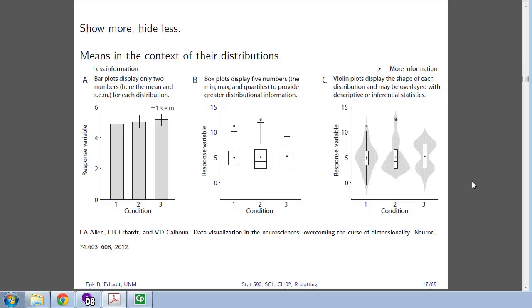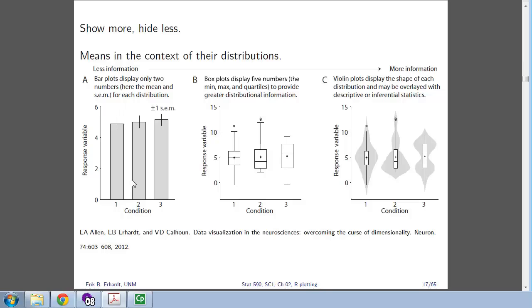Elena Allen and I have one of our papers on data visualization shows this plot, which is to seek comparisons, but also to encourage you to show more and hide less. So the leftmost plot, plot A, is a very common plot.